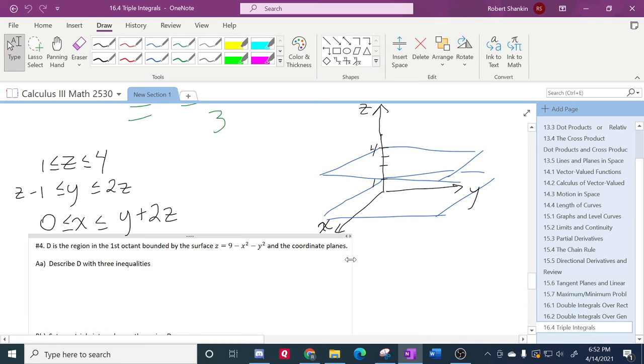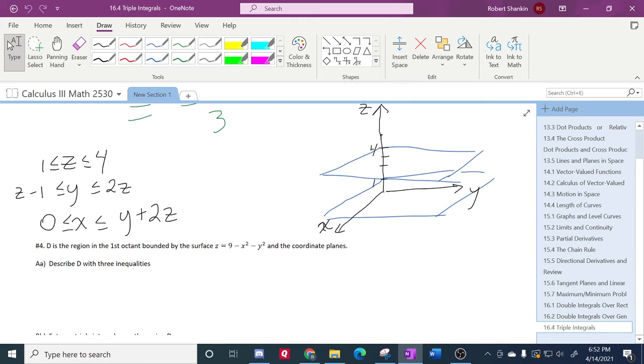All right, D is the region in the first quadrant bounded by this surface and the coordinate planes. Describe D with 3 inequalities.